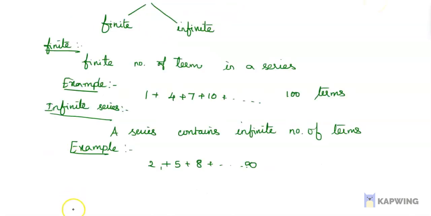What is series? So one is arithmetic series and another one is geometric series. Series we can split into two types. One is arithmetic series or arithmetic progression, and another one is geometric series or geometric progression.